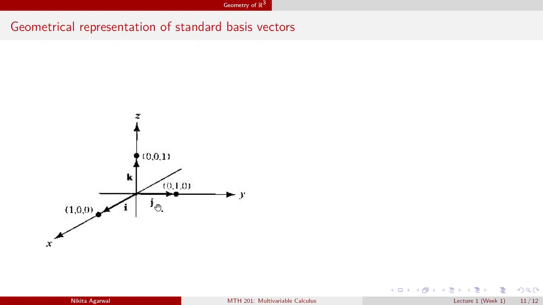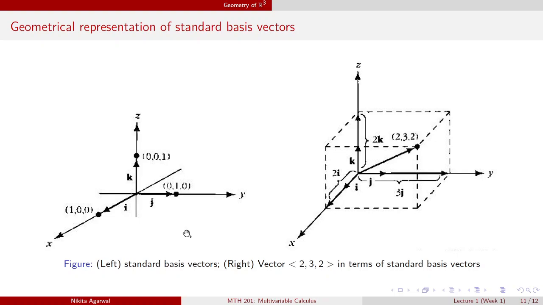The vector j, which is 0, 1, 0, starts at the origin and ends at 0, 1, 0, which is on the positive y-axis. Similarly, k, which is 0, 0, 1, starts at the origin and ends at the point 0, 0, 1. So these are standard basis vectors.